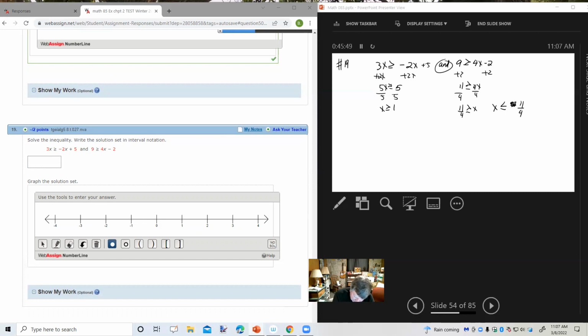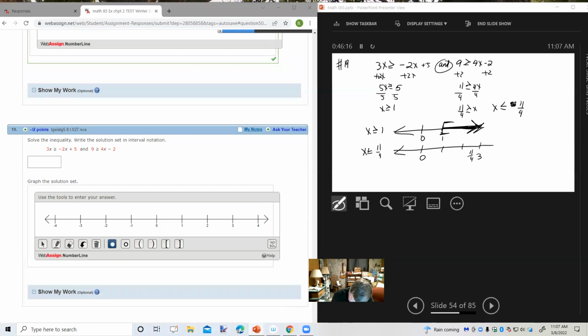Okay, I want to have it so that x is on the left. And means intersection. Well, x greater than or equal to 1 would look like this. You'd have a bracket at 1 and an arrow going to the right. X less than or equal to 11 fourths. 11 fourths is almost 3. So 1, 2, 3. So right about in here would be 11 fourths.